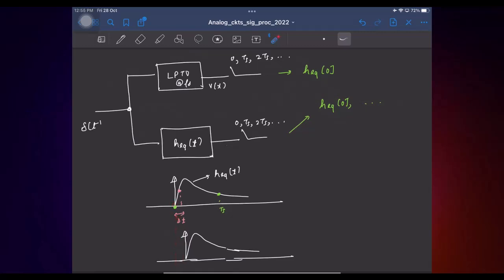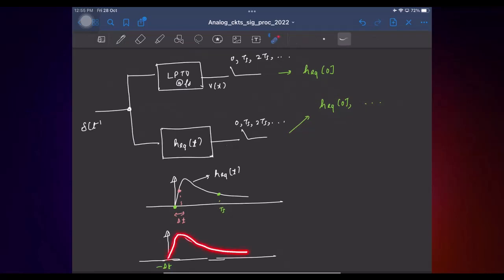So what should I do? Remember, I am going to sample it at t equal to 0. I want to get this sample. So when should I apply the impulse? I will advance it by delta t. Okay. So now this is, let us say, minus delta t.